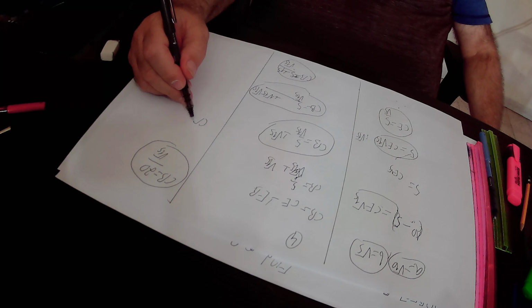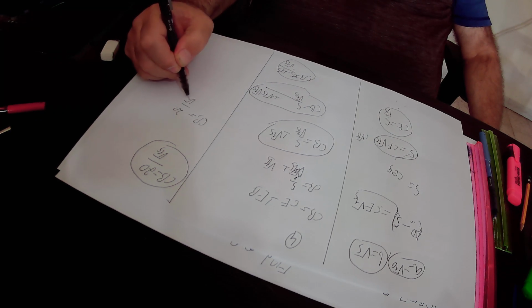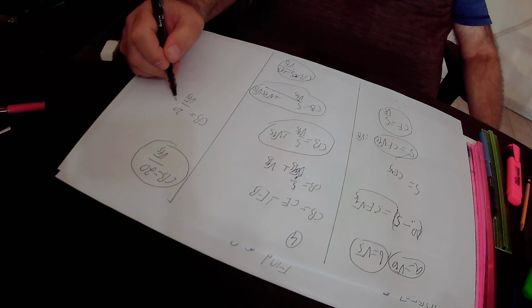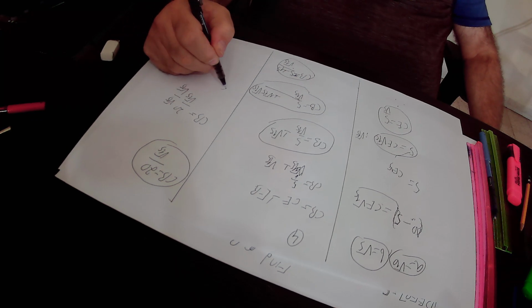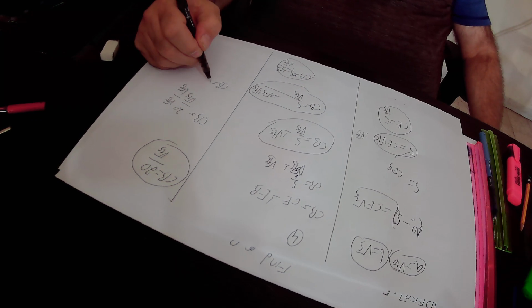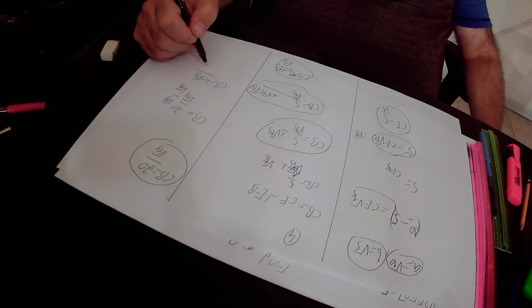So we have CB equals 20 over square root of 15. We found that CB equals 20 times square root of 15 over square root of 15 times square root of 15, which is 15.